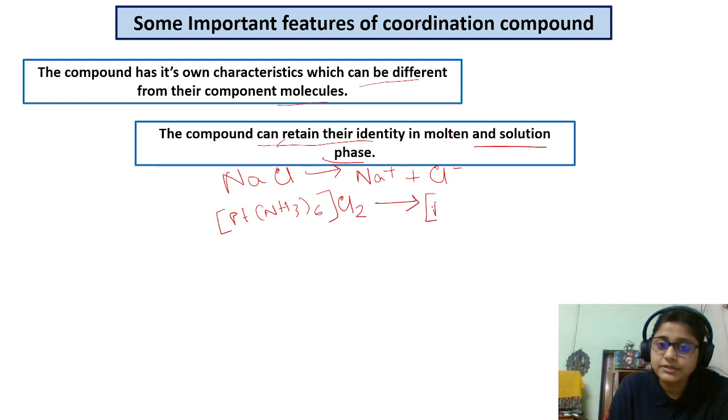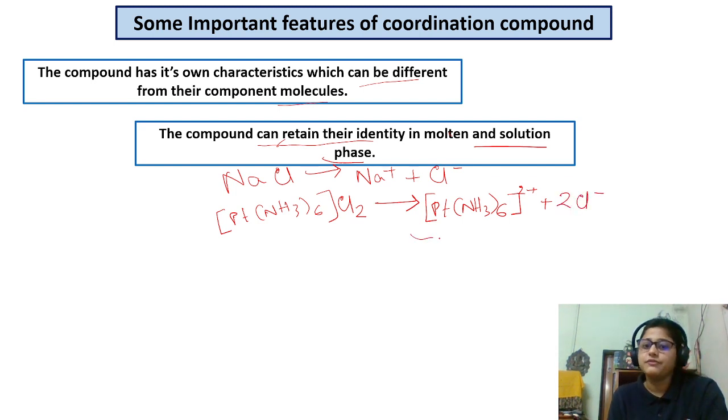The complex will remain intact. The complex part is the coordination part. This will be 2+ and this will be 2 Cl-. In the solution phase it will be there. So it could be ionizable, but it is not.